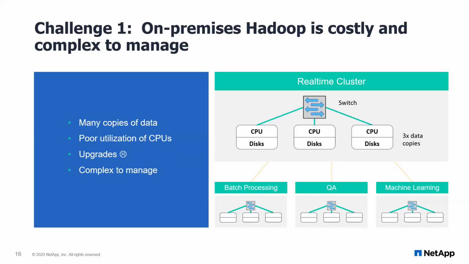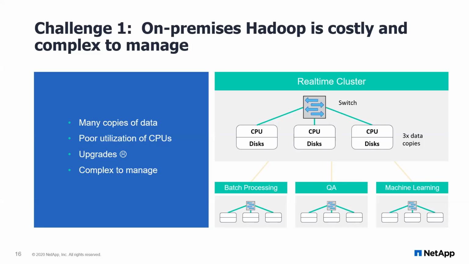And you all know that with the Hadoop file system, you're making multiple copies of the data. You also end up having multiple clusters. And so now you have the same data scattered all over the place. We found that with the traditional Hadoop architecture, the CPUs were not utilized very effectively. Right?